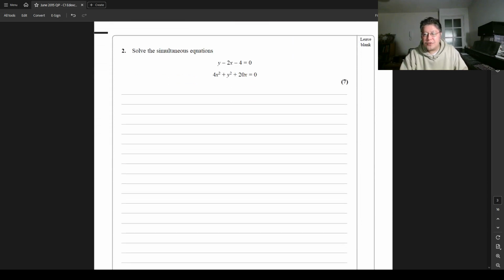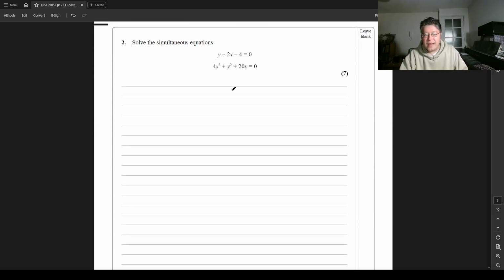Okay, question number 2. This is a non-linear simultaneous equations question. We have one linear equation on top and a non-linear equation at the bottom. The method here is to make y the subject in the linear equation. We bring the minus 2x and the minus 4 to the other side, which gives y equals 2x plus 4.